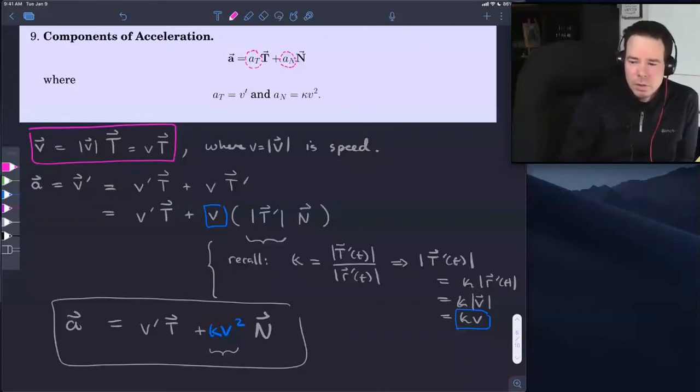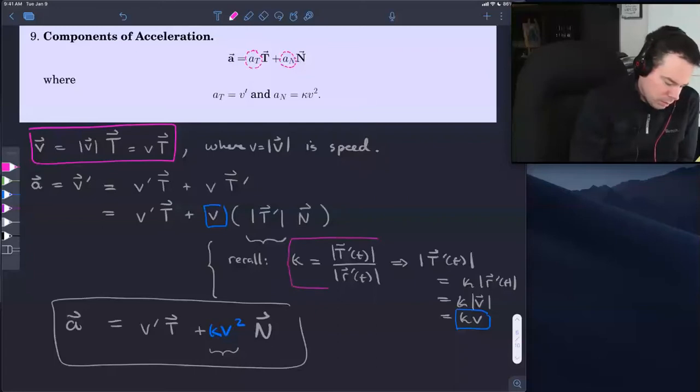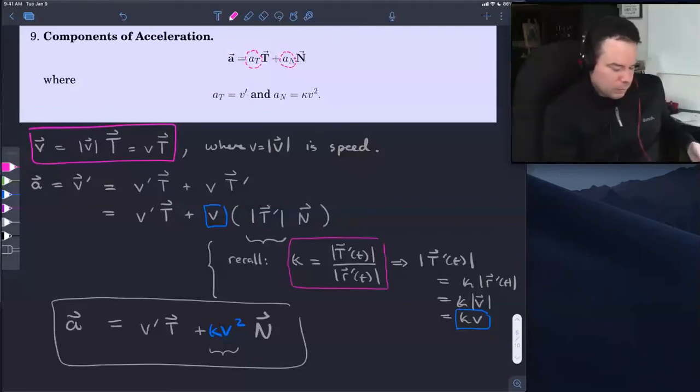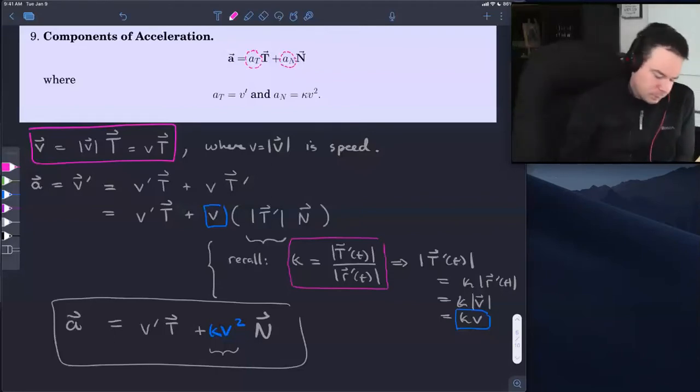It's related to curvature. So we used our curvature result, that the curvature of a space curve is given by the rate of change of its unit tangent vector with respect to t divided by the rate of change of the vector function r. And so that gave us these two components of acceleration.